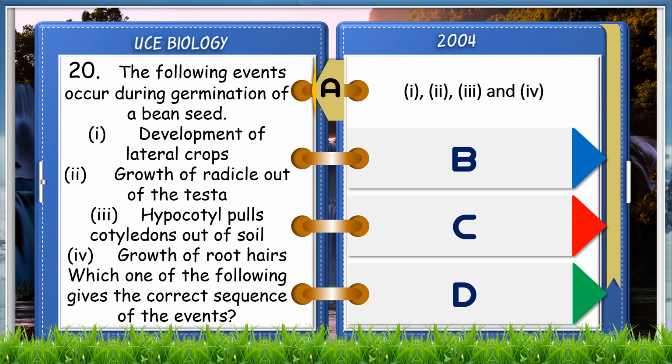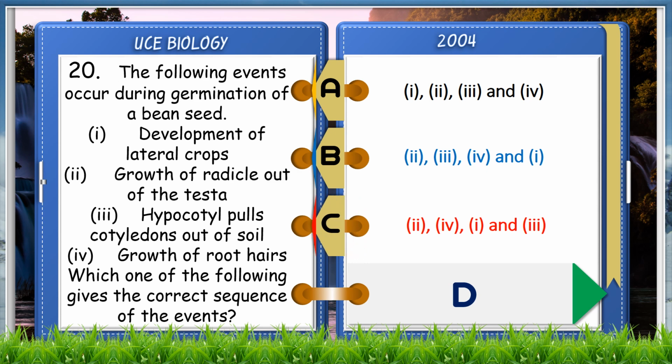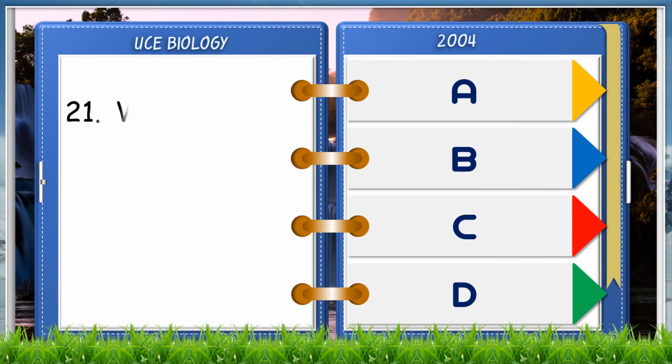A. 1, 2, 3, and 4. B. 2, 3, 4, and 1. C. 2, 4, 1, and 3. D. 2, 1, 3, and 4. The answer is B. 2, 3, 4, and 1.